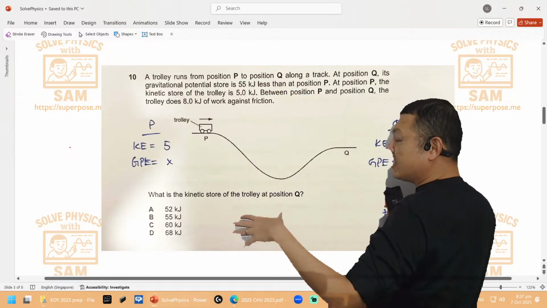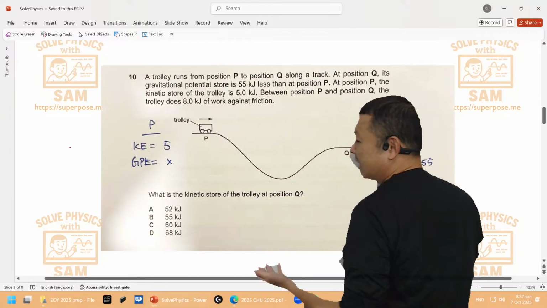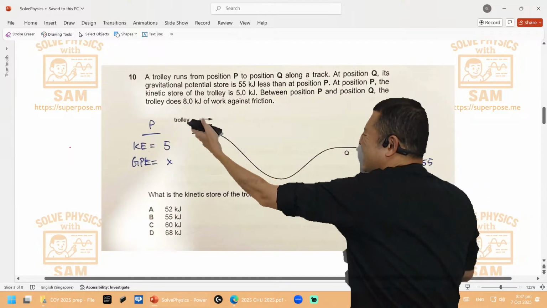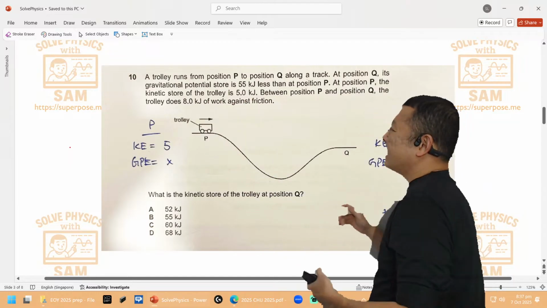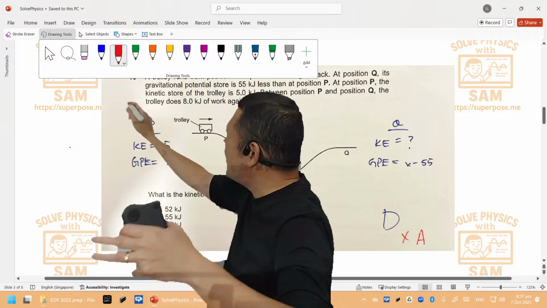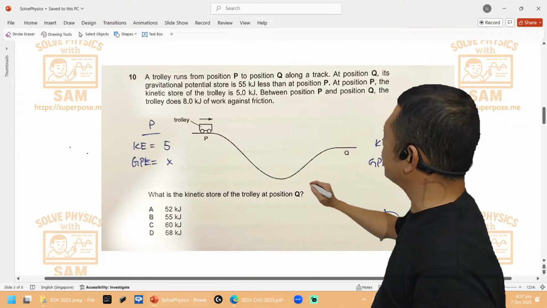Total energy is conserved, yes, but for the whole thing. But the trolley obviously doesn't conserve its energy. It only conserves energy when there's no work done against friction. So whenever I hear teachers say things like, oh, total energy must be constant, I get very annoyed because it confuses the heck out of them.